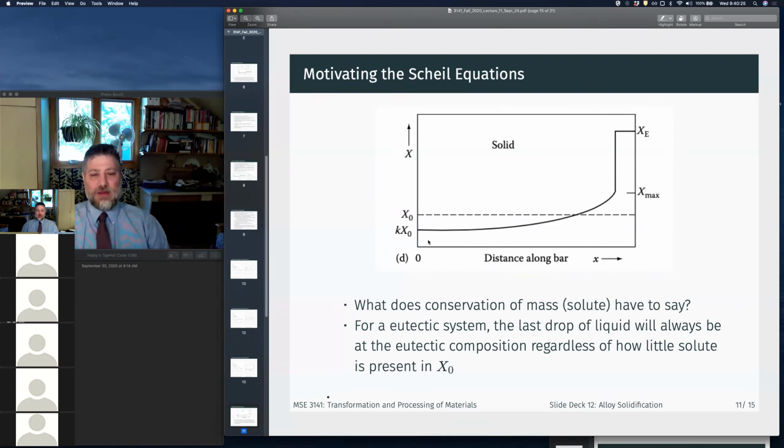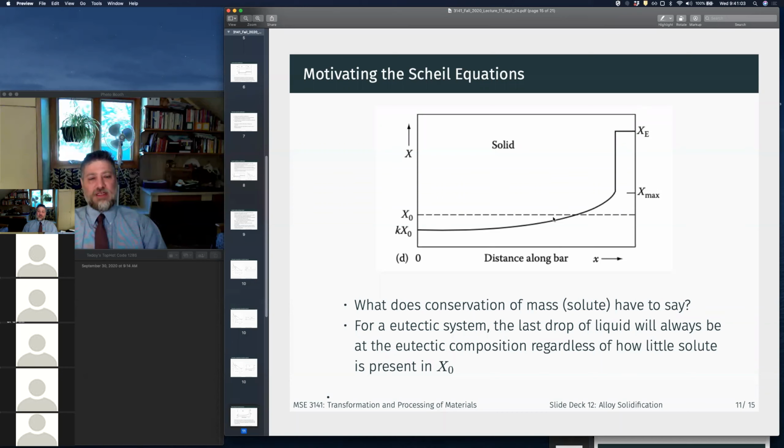Okay. So if we have a eutectic system, conservation of mass is going to dictate that the last drop of liquid will always be at the eutectic composition, right? If we don't have a eutectic, right, what essentially this says is that this composition curve will asymptotically go up until we hit near pure B on the other side, right?